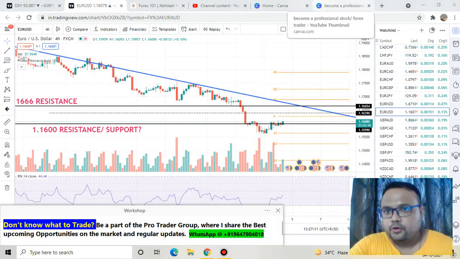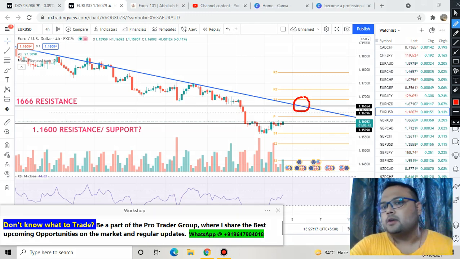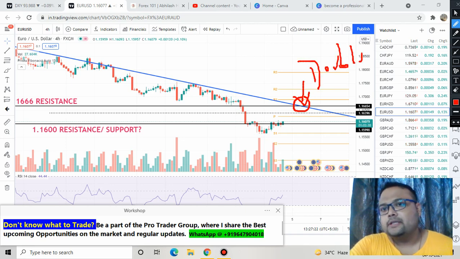And if Euro USD reverses from these levels, that will be the most beautiful spot, because we have a double resistance here. So if it reverses from these levels, obviously I'll be going for shorting the market. But as of now, I'm not doing anything, and I suggest you not to trade Euro USD either, because we do not have any proper clarification.